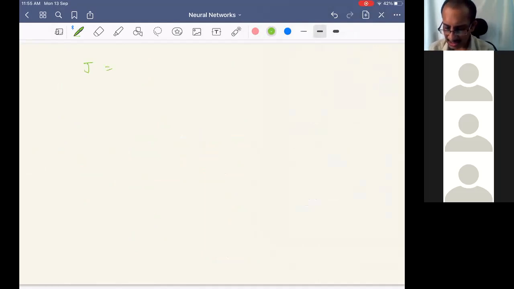Let the cost function L or J be the norm of W into X whole square, where W is a matrix, let it be a C cross D matrix, and X is a D cross 1 vector. What W into X is doing is finding the dot product of each row of W with the vector X.